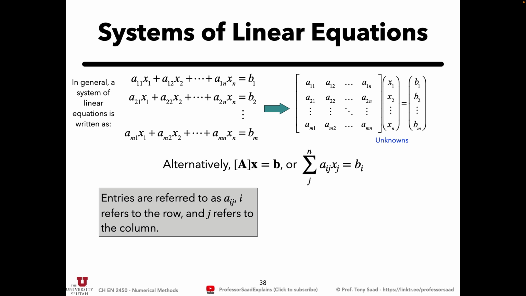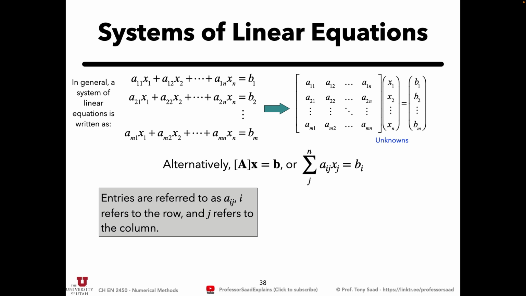Now, the entries in the matrix are referred to as Aij in general. I refers to the row, and J refers to the column. So if I give you A35, this is in the third row and the fifth column. What that means is this is the third equation multiplying the fifth variable. That's all that means, but that's always confusing. Like Aij, A56, is that row or column first? I always got confused with that.